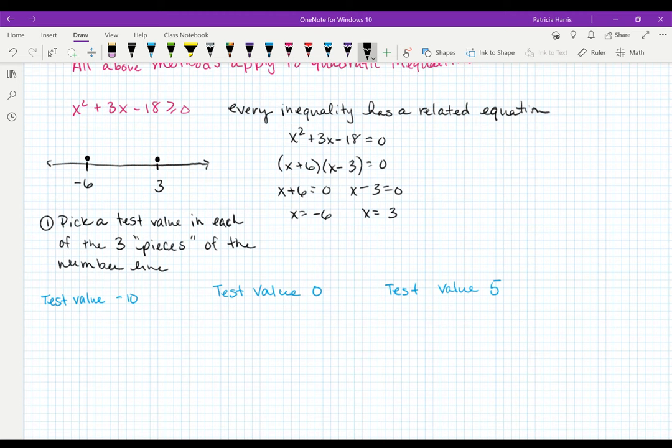So -10 goes in here. That's positive 100 minus 30 minus 18 greater than or equal to 0. So that would be 70 minus 18, which is 52 greater than or equal to 0. That is true.